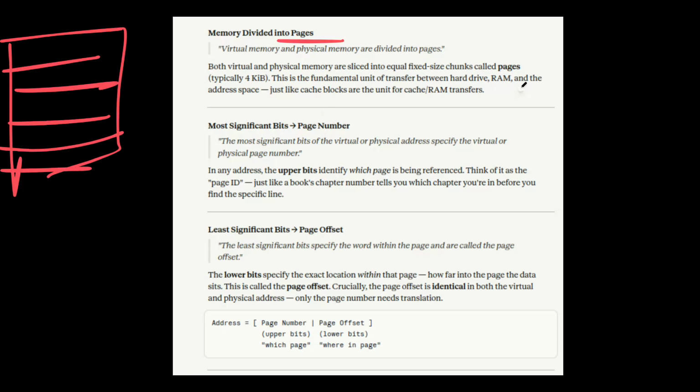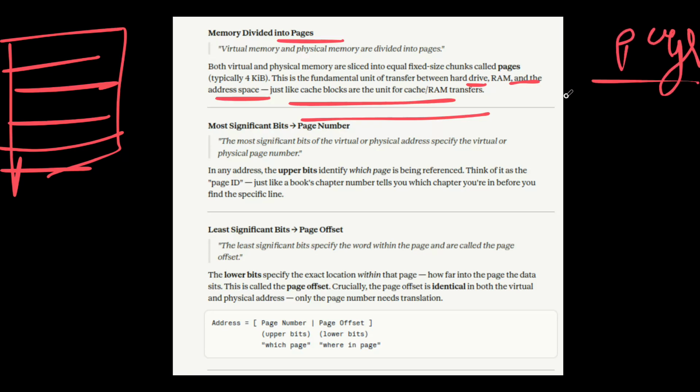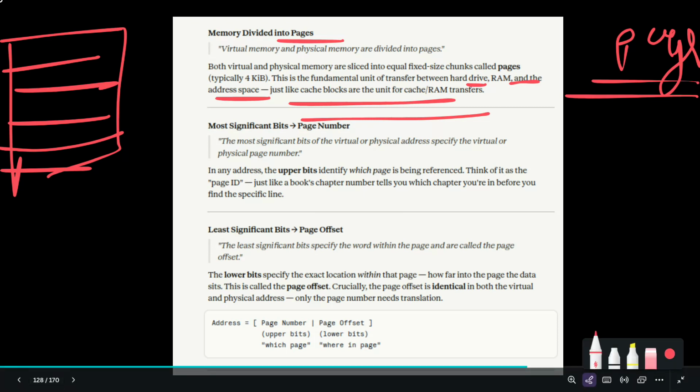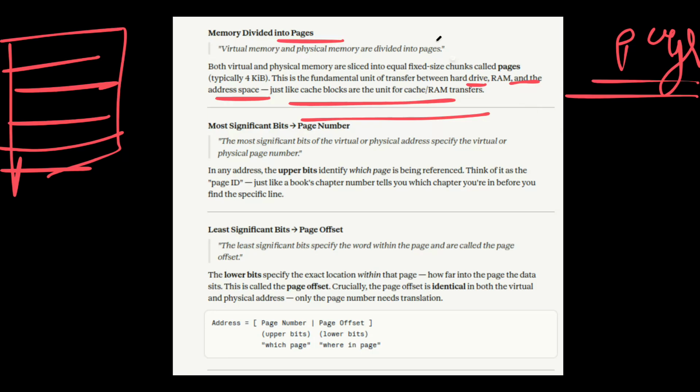This is the fundamental unit of transfer between the hard drive, RAM and the address space, just like cache blocks are the unit of cache or RAM transfer. So like that, here the basic unit of transfer is the page. The transfer happening between the hard drive, RAM and the address space is the page.